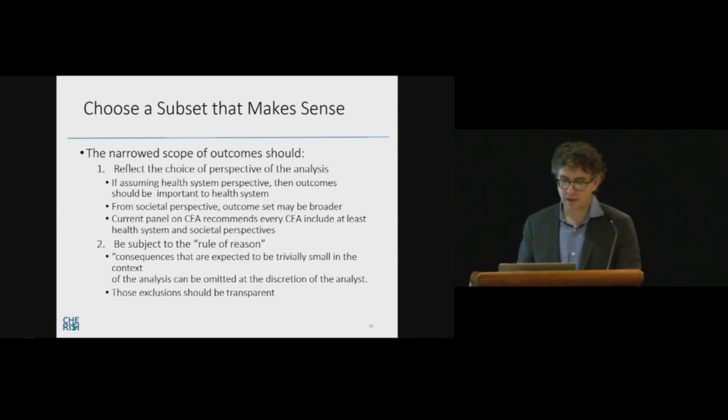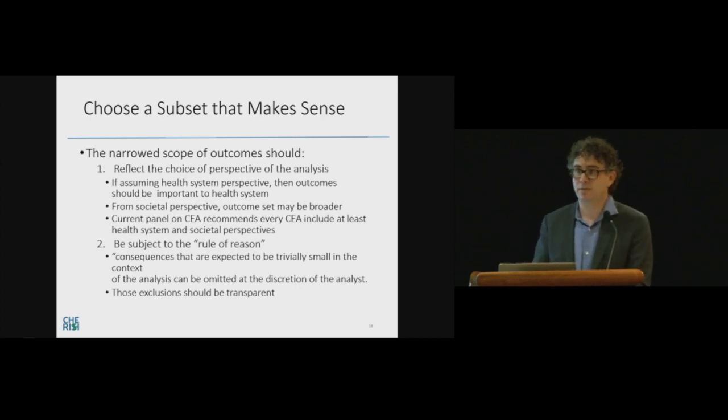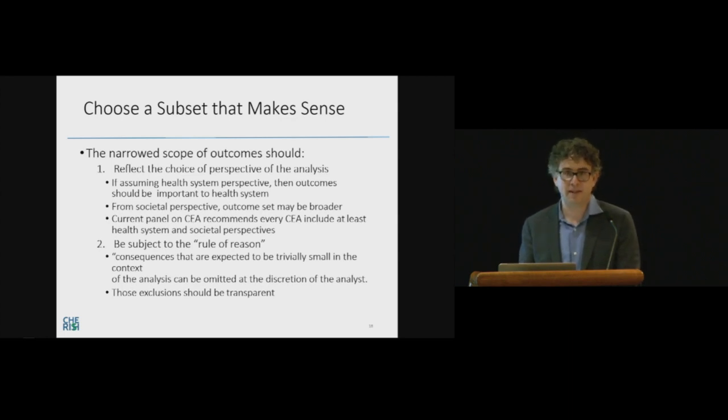So if we're assuming a health system perspective, then outcomes should be important to the healthcare system. If we're assuming a societal perspective, then that outcome set might be a lot broader. Currently, there are recommendations on best practices for cost effectiveness research, in a book that we affectionately call the Gold Book. It's Cost Effectiveness in Health and Medicine, second edition.